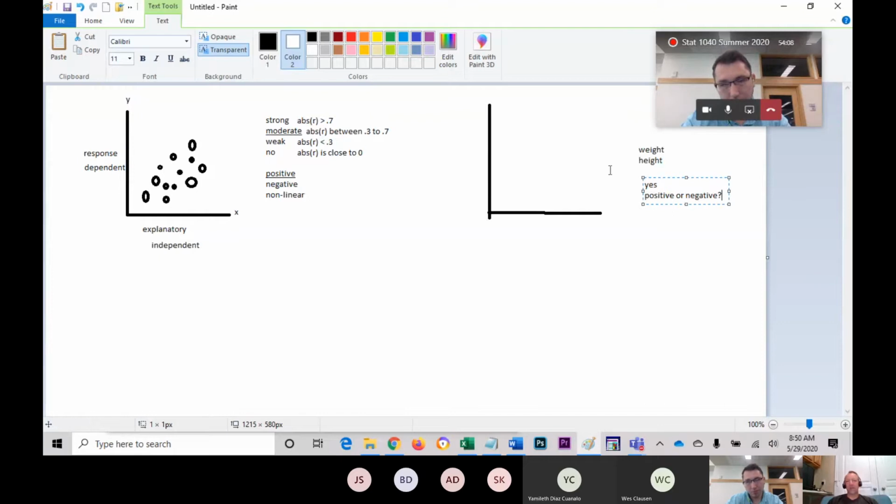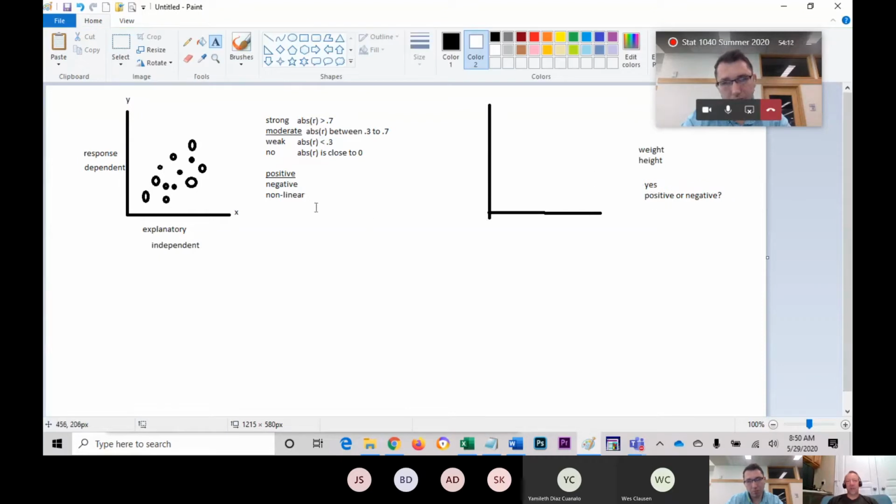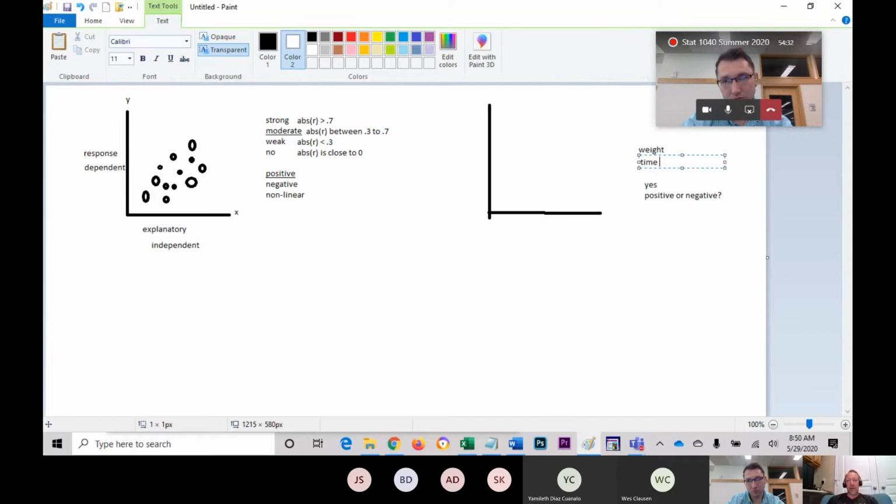So now the question is, actually, let me do another one. This one's going to be another tough one. How about instead of weight and height, I'm going to delete this variable, and I'm going to say time exercising.